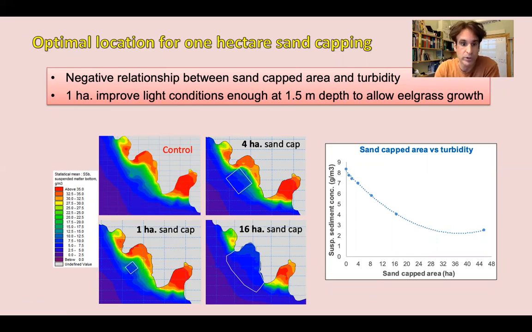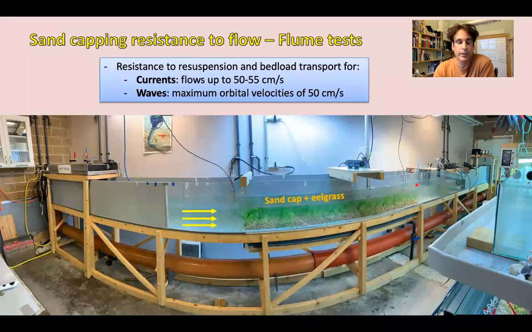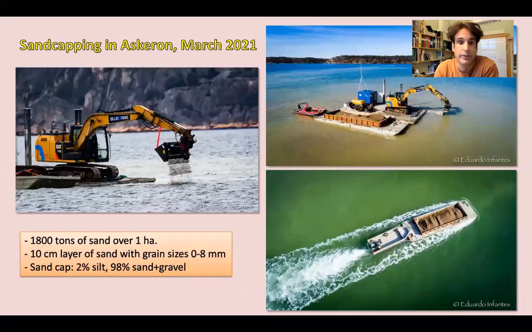So from all the simulations, we chose this one: 1 hectare. We also tested this sand cap in the flume. We exposed the sand cap to currents and waves, and it managed to stand velocities around 50 centimeters per second. So this also indicates that it will not be washed away once it's on the site.